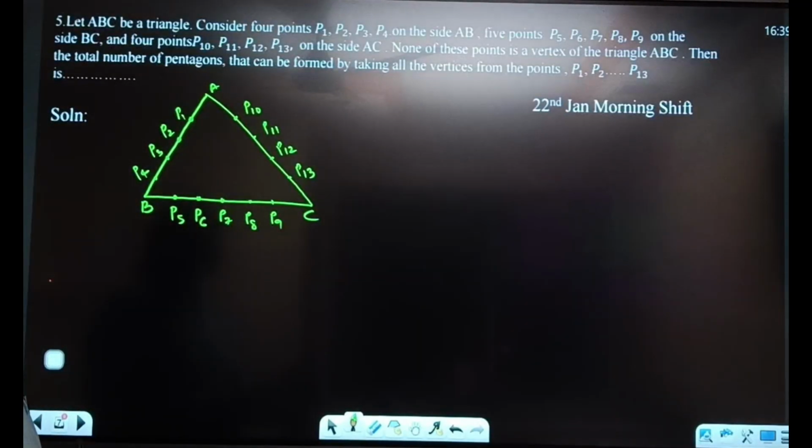So these are the points. None of these points is a vertex of the triangle ABC.